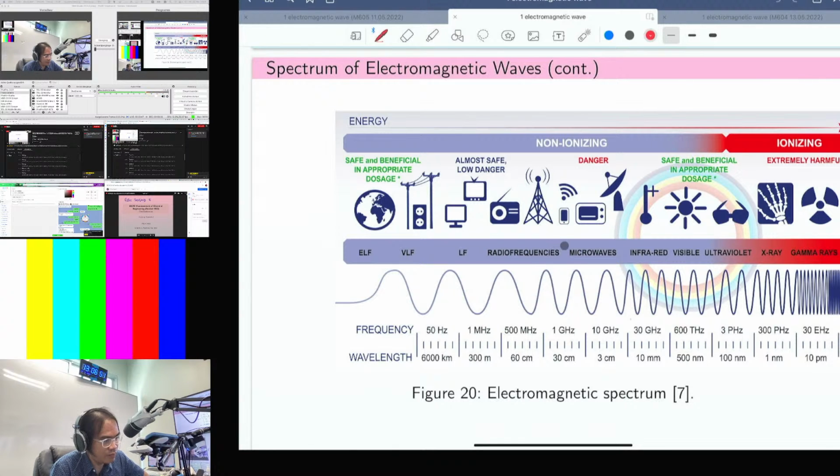Once we move further, we reach the microwave region, and humans use this band for wireless communication, like your smartphone, your handy, your mobile phone. This is used for communication, right? For talking, for sending messages, for transferring information.